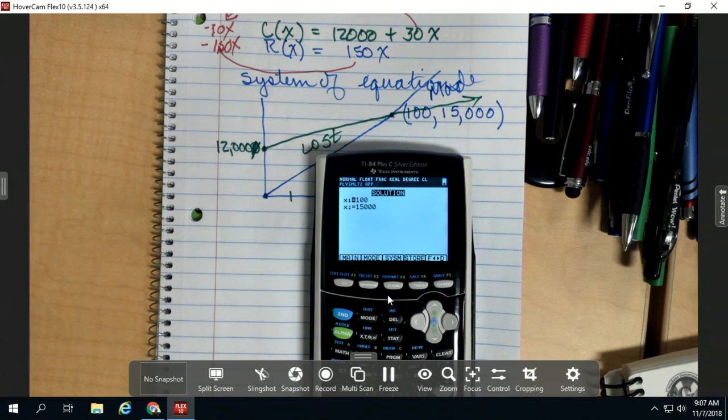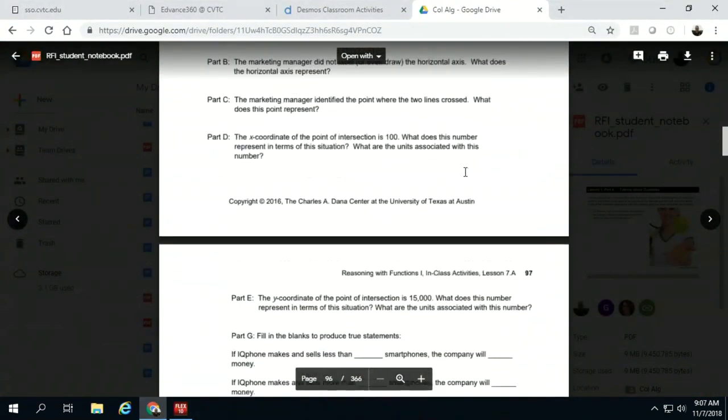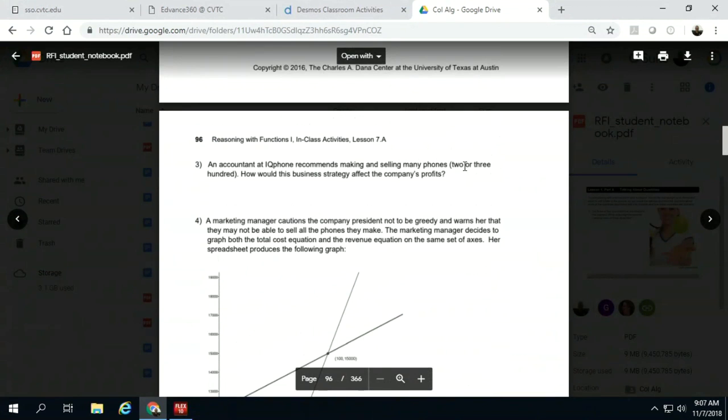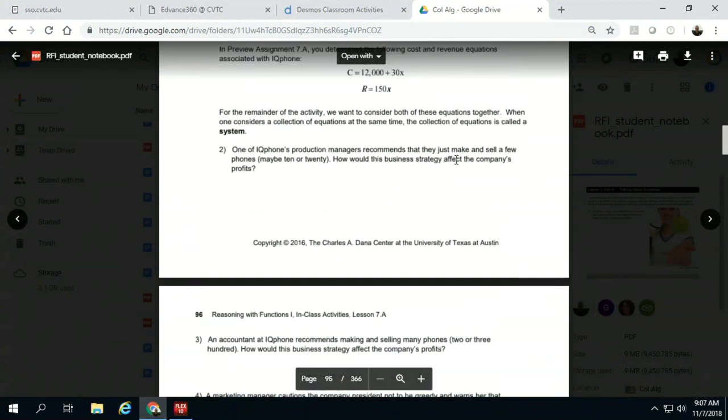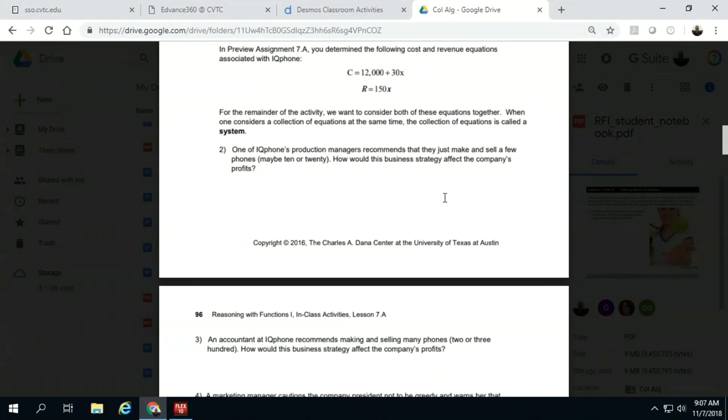Page 95. What I need you guys to do is to answer these questions. Let's look at question 2. One of the IQ phones production managers recommends that they just make and sell a few phones, maybe 10 or 20.